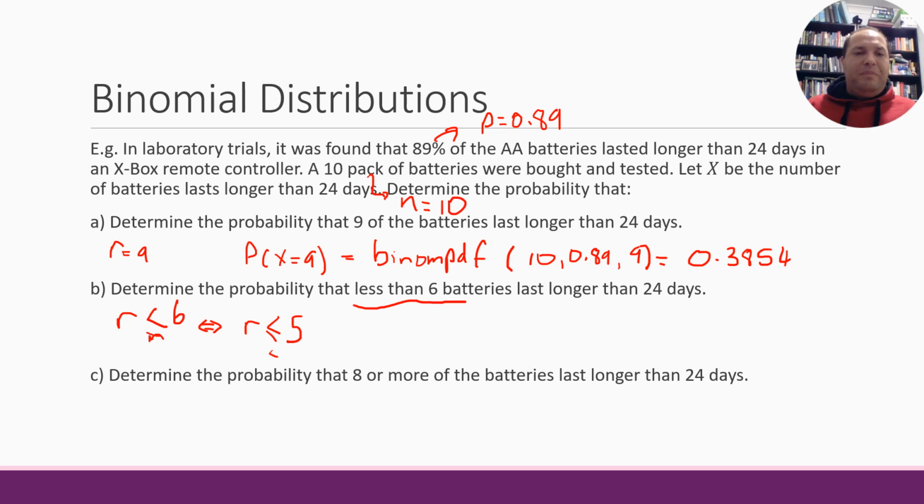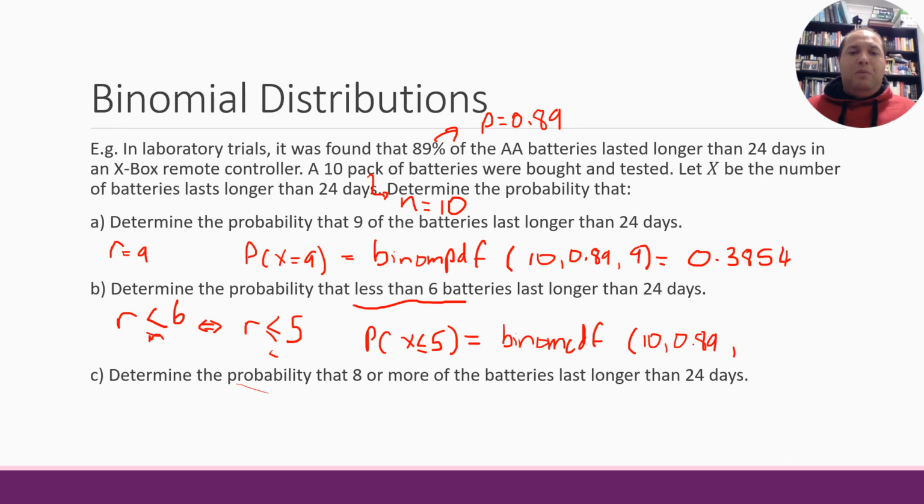All right, so in this case, we are also looking at a range of R values. As soon as we have an inequality, we're thinking a range of R values. So we are going to work out the probability of X being equal to or less than 5 as binomCDF this time. It's cumulative, we're adding things up. Once again, we've got 10 trials, my probability of success is 0.89.